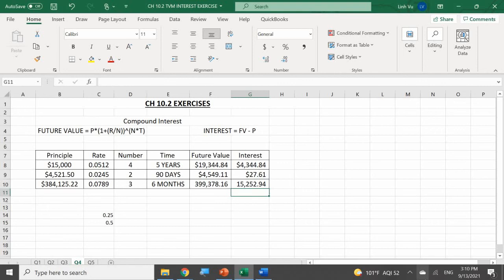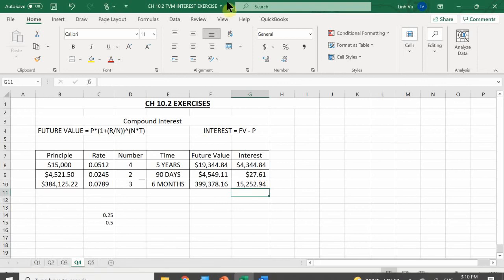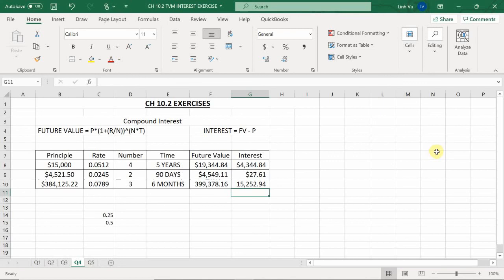So let's compare, right? If I were to use compounded interest versus simple interest, let's go ahead and compare. The very first one, let's say I borrowed money, 15,000, and I used the compounded 4 times, which is every quarter, and I get a total interest of $4,344.84.